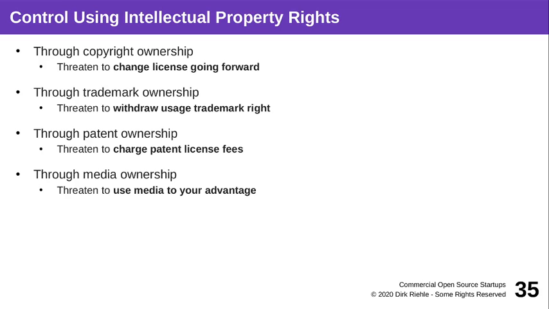When talking about control using intellectual property rights, all the relevant intellectual property rights come into play. If you own the code outright, and as we will see, as a commercial open source software startup, you usually should own your code. You have the copyright to your code. And of course, you could argue then that you may change the license in ways that favor you, but not those who you are wrestling for control with.